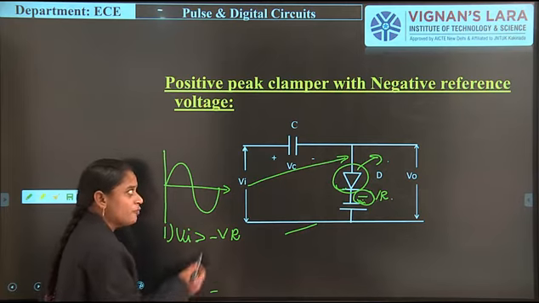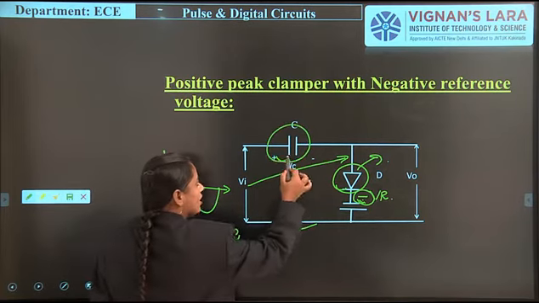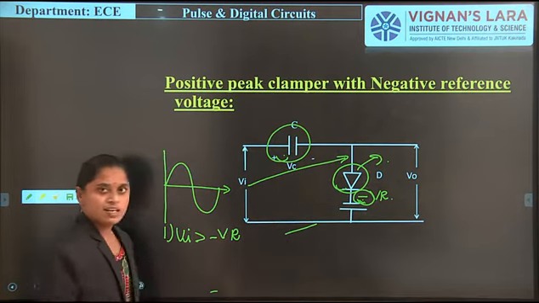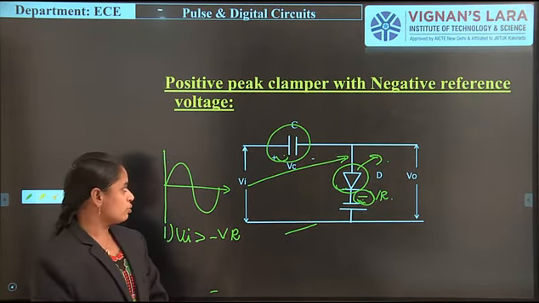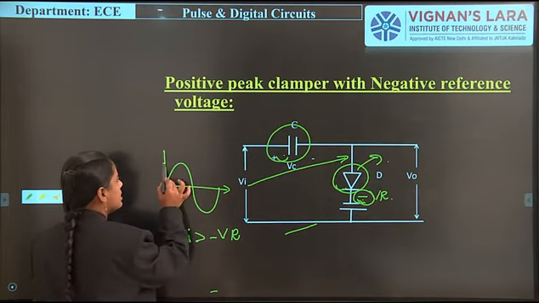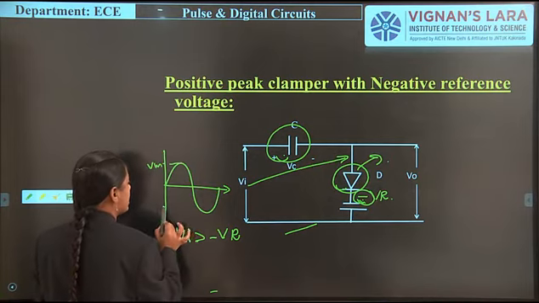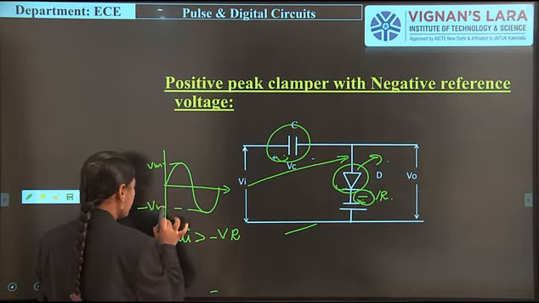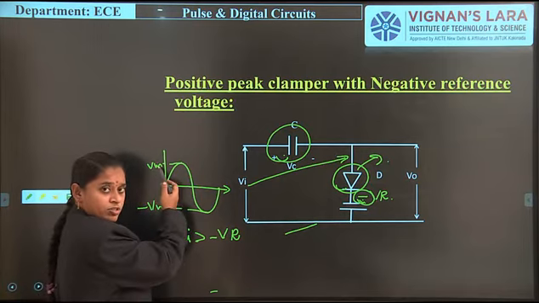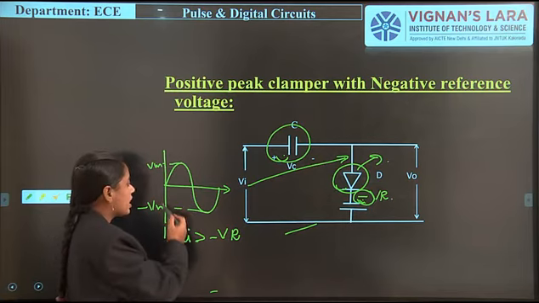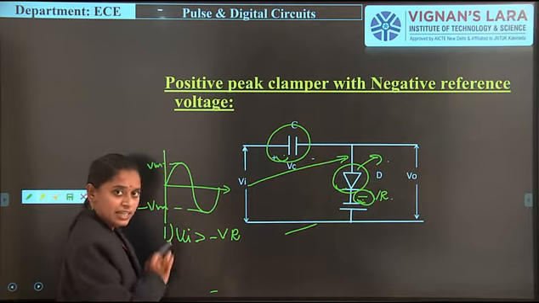When the diode is in on condition, the capacitor starts charging. What is the charging condition of the capacitor? The input has Vm and minus Vm, so the peak to peak voltage is 2Vm. In the positive direction the maximum voltage is Vm, and in the negative direction the maximum voltage is minus Vm.